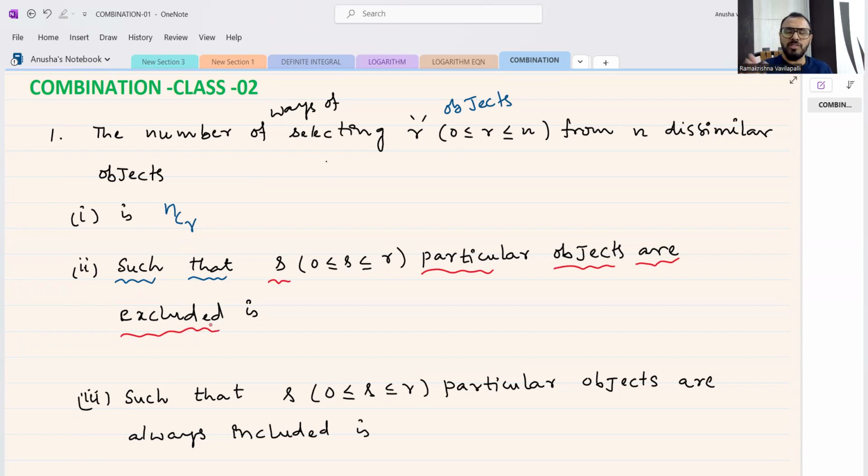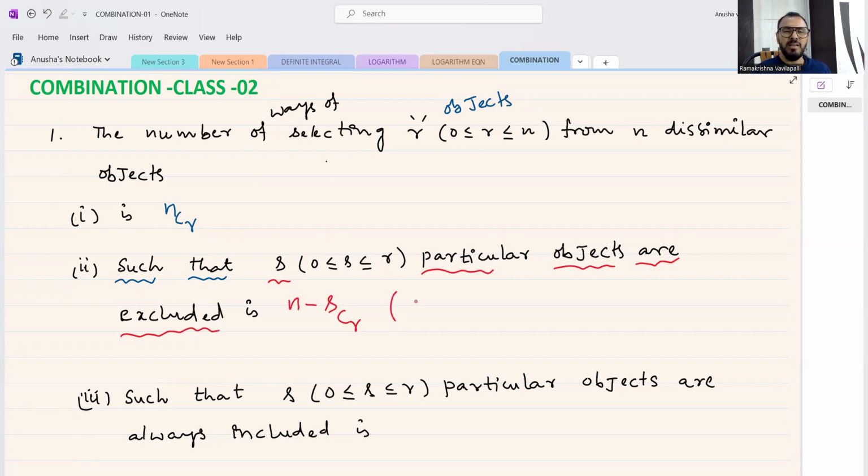So remove s objects from n objects. Now we have n minus s objects in our hand. We have to select r objects from these n minus s objects. So this can be done in n minus s C r.